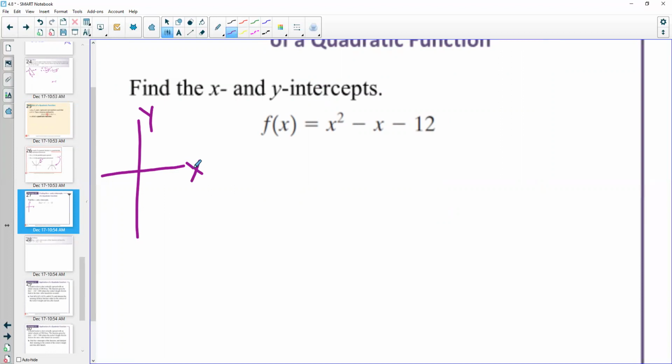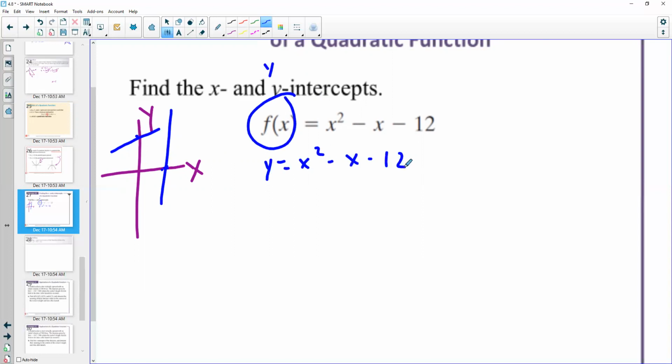To find an intercept, when a graph crosses the x-axis, it's at y equals 0. When it crosses the y-axis, it's at x equals 0. True? So I can find those. f of x is just fancy language for y. So really what I have here is y equals x squared minus x minus 12. To find the x-intercept, I put in 0 for y.